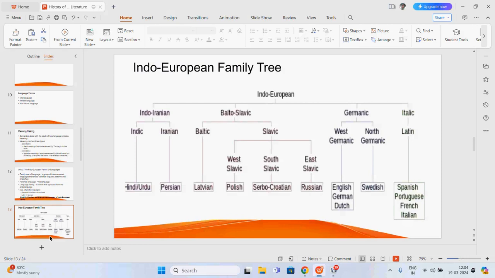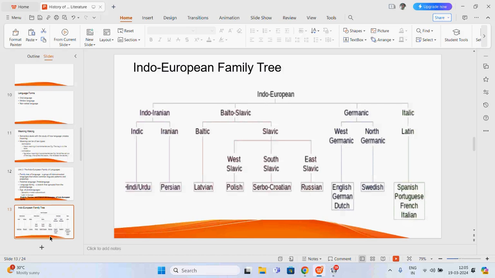Iranian, Persian. From the Balto-Slavic, you have two offshoots, Baltic, which led to Latvian, and Slavic, which got further branched into three: West Slavic, South Slavic, East Slavic. West Slavic giving rise to Polish, South Slavic giving rise to Serbo-Croatian, East Slavic giving rise to Russian.